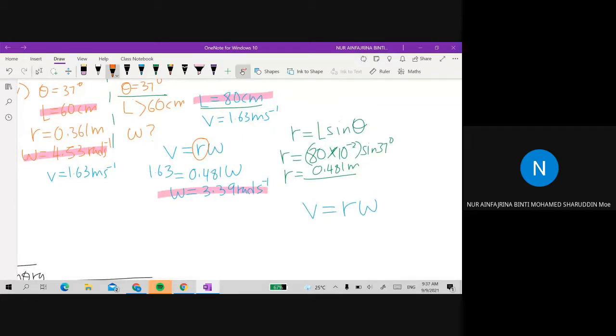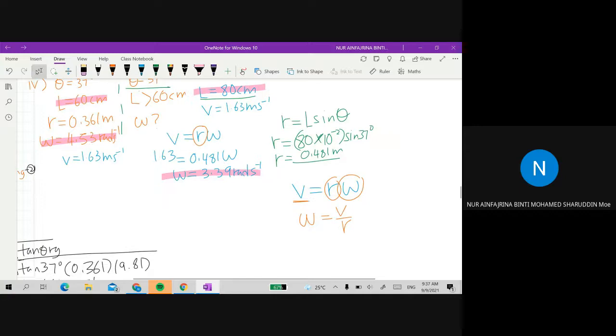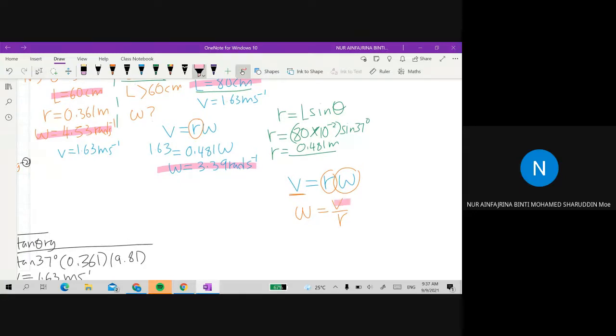My V is constant, jadi angular velocity equals to V over R. Miss cakap Miss punya velocity adalah constant, jadi angular velocity is inversely proportional to radius. My question now is, bila you punya radius increase, what happened to your angular velocity?